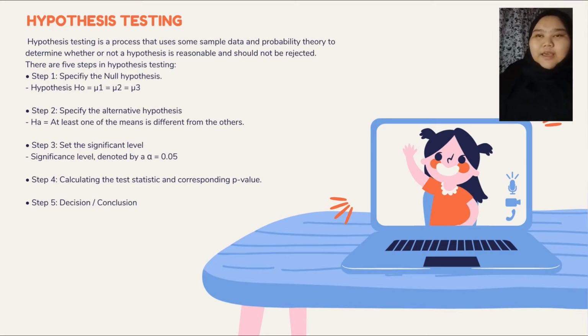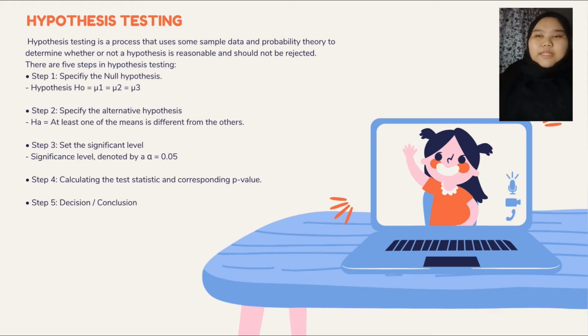The third step is to set the significance level. The significance level, represented by the Greek letter alpha, is usually set at 0.05. This means that when the null hypothesis is true, there will be a 5% chance of accepting the alternative hypothesis.